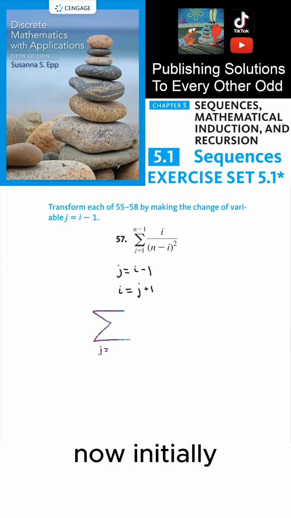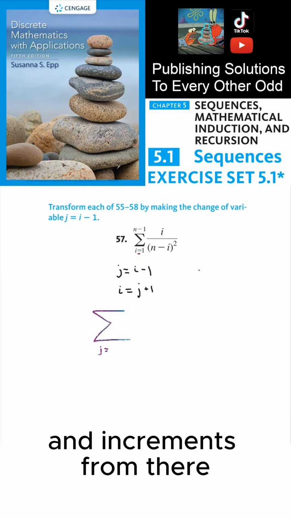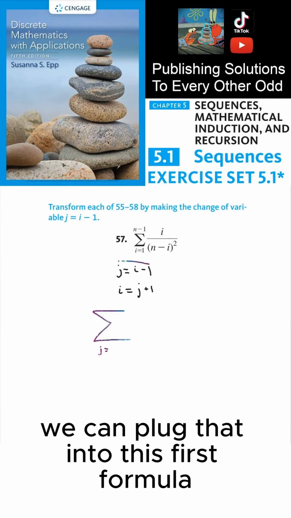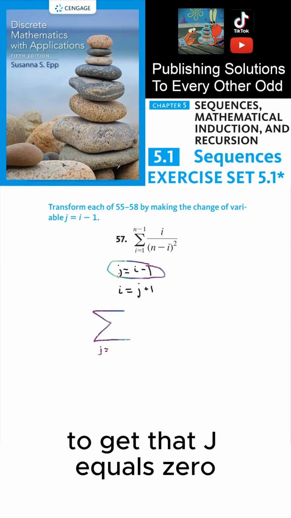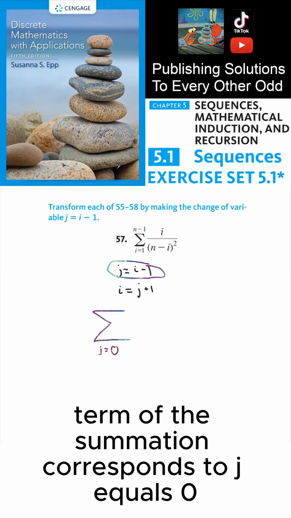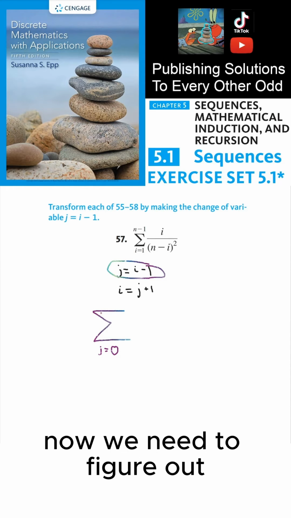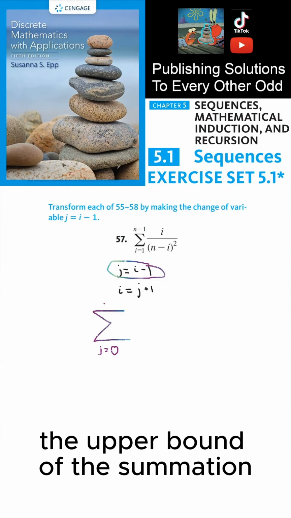Initially, the index variable i varies from the number 1 and increments from there. When i equals 1, we can plug that into the first formula to get that j equals 0. So the first term of the summation corresponds to j equals 0 because it's the same term that corresponds to i equals 1. Now we need to figure out the upper bound of the summation.